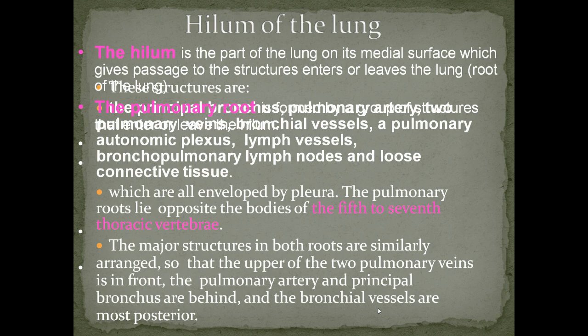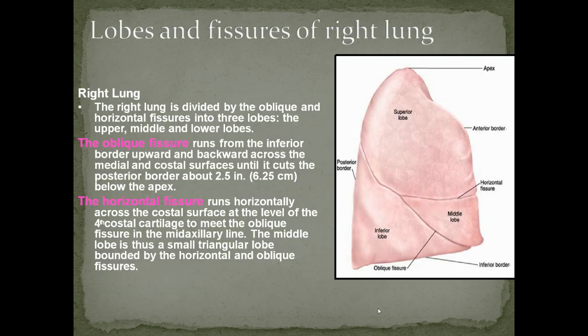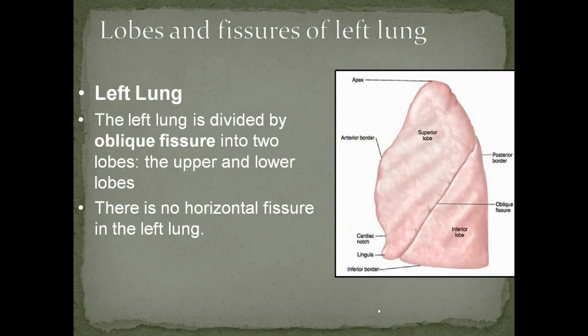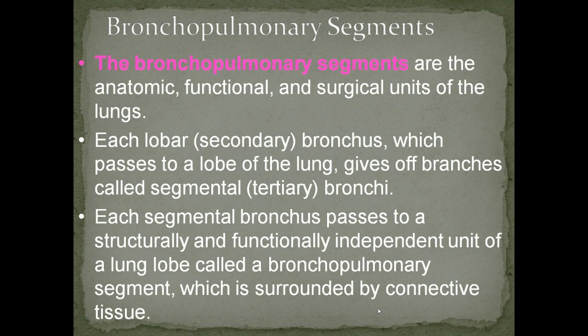So we have studied all these things and we have studied the hilum, what is the importance of the hilum here and what the hilum is, and then we studied the lobes, how the lobes are made in the lungs and how the fissures are present in the left lung and the right lung.